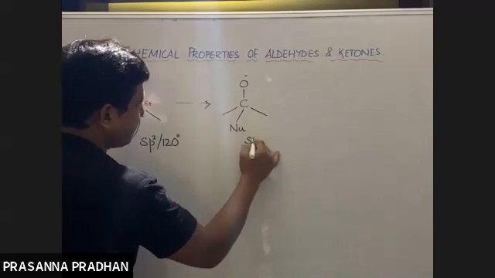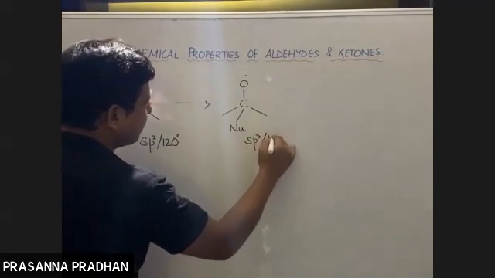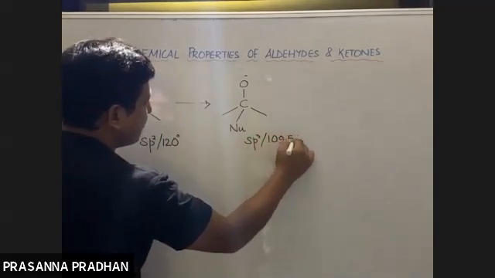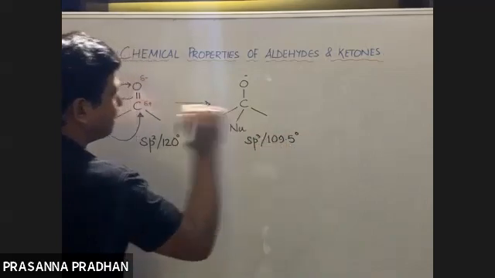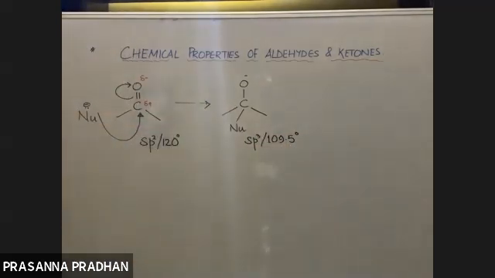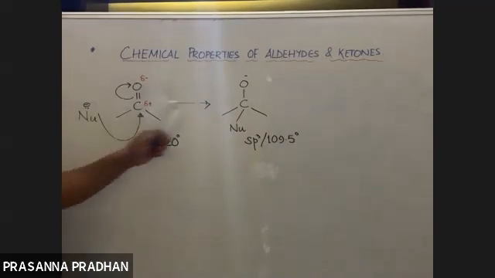So it's sp3 hybridized having a bond angle of 109.5 degrees. So there is a change in hybridization. So nucleophile add हो रहा है.